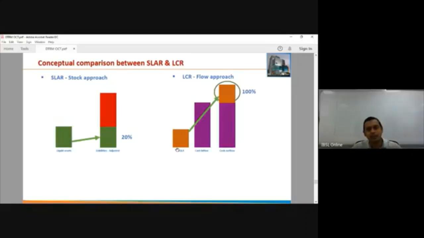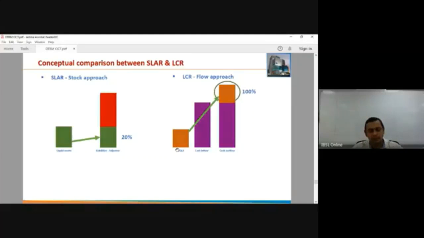But as a regulation, there are two main regulations that focus on managing the liquidity risk in a bank. So one is the statutory liquid asset ratio. Short form is SLAR. Now this is a kind of stock approach, right?